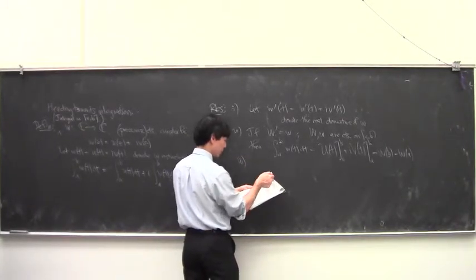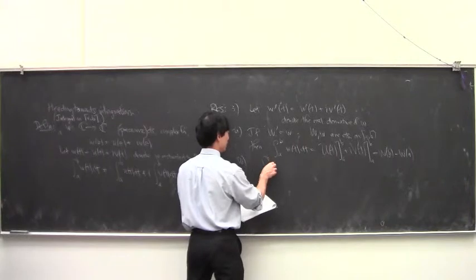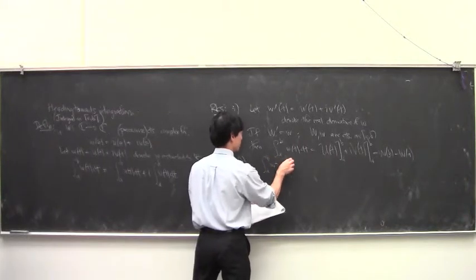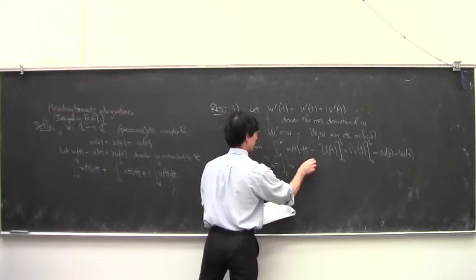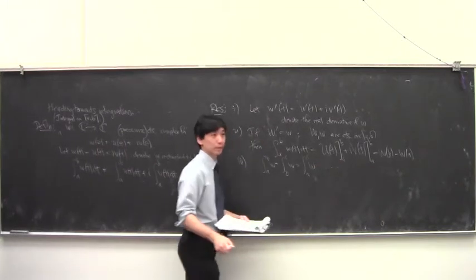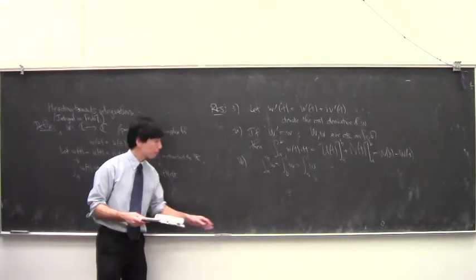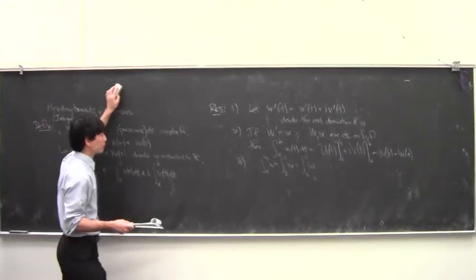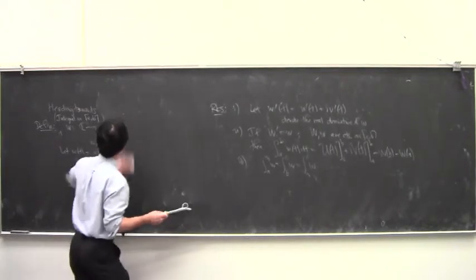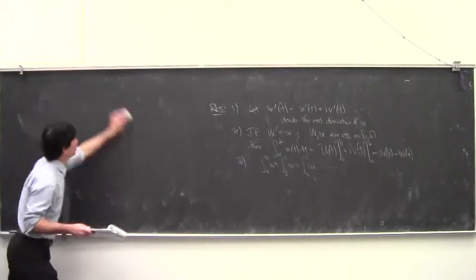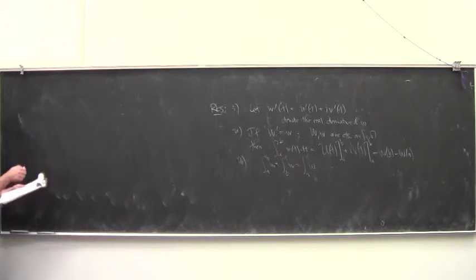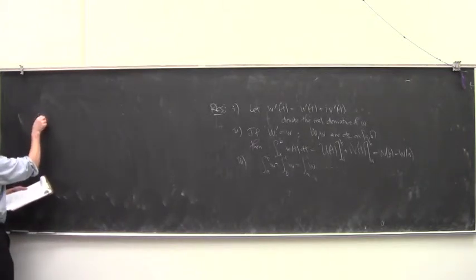And other basic properties hold, right? The integral from a to b plus the integral from b to c of w is the same as the integral from a to c of w, etc. So basic properties hold. Something else that holds is the triangle inequality.